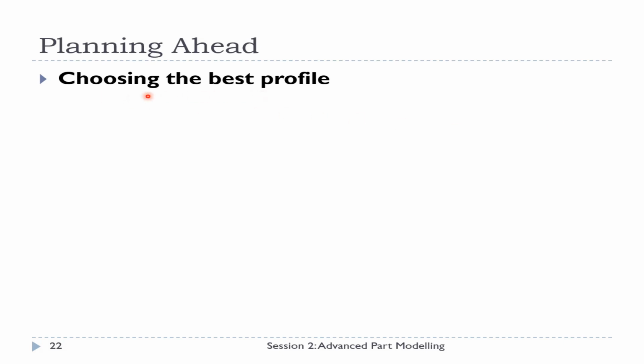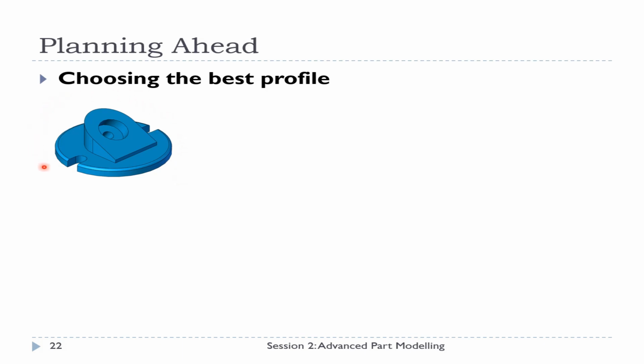So the first step is choosing the best profile. So let's have a look at some examples and try to decide which profile can be chosen as the best sketch profile to start with.